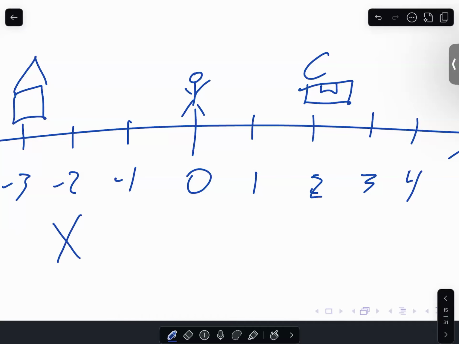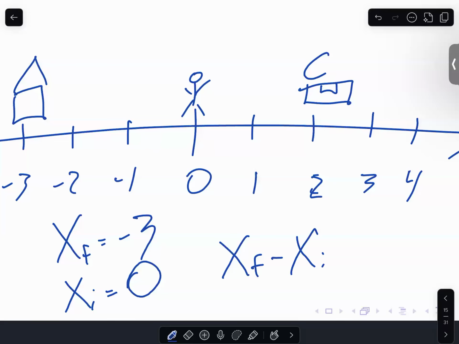If I say x final equals -3 units and x initial equals 0 units, then x final minus x initial equals -3 minus 0, which last I checked was -3 units. Now I want you to practice associating all of your answers with meaning.